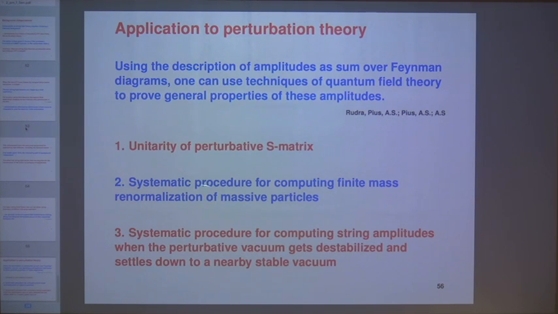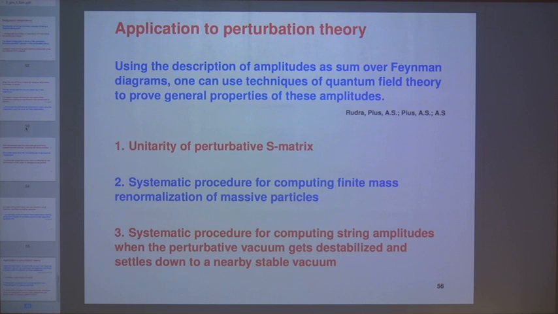First, one can prove unitarity of the perturbative S matrix using this. Then one can provide a systematic procedure for computing finite mass renormalization of massive particles, which, as I again described, is not possible in the standard worldsheet formulation. And one can also develop a systematic procedure for computing string amplitudes when the perturbative vacuum gets destabilized and settles down to a nearby stable vacuum.